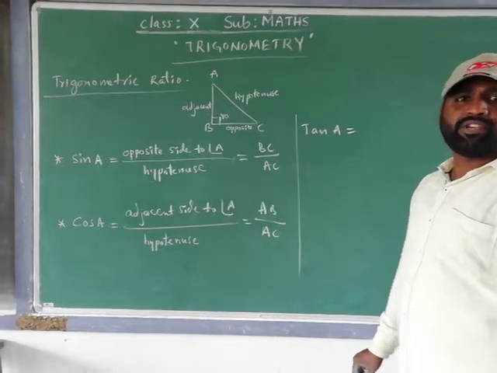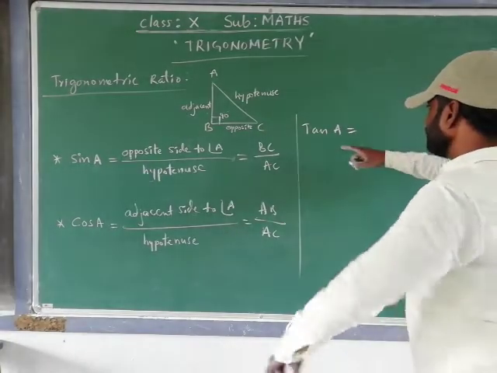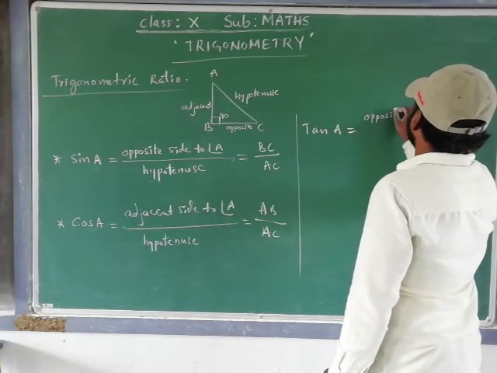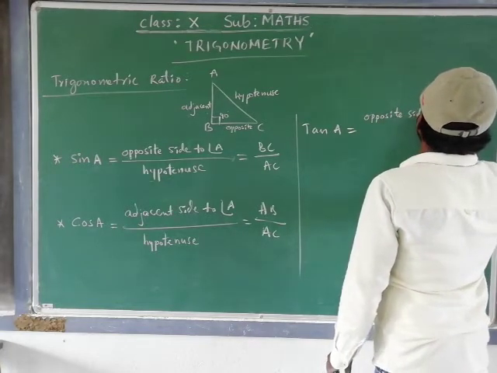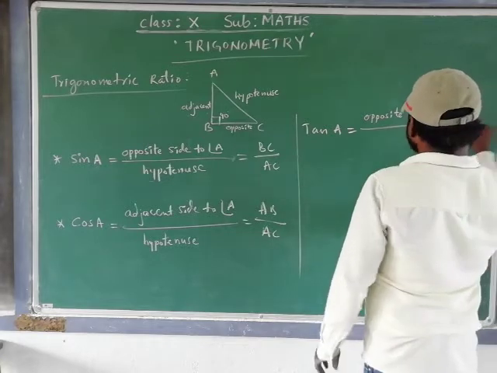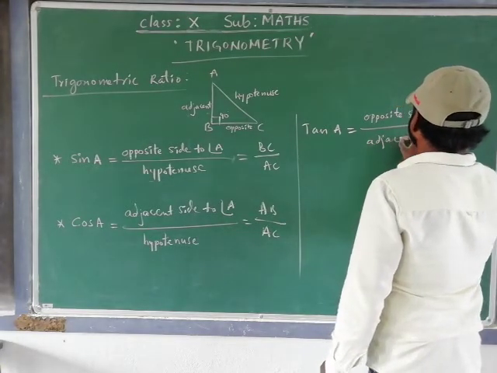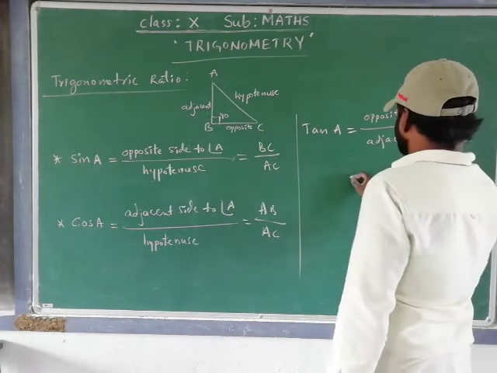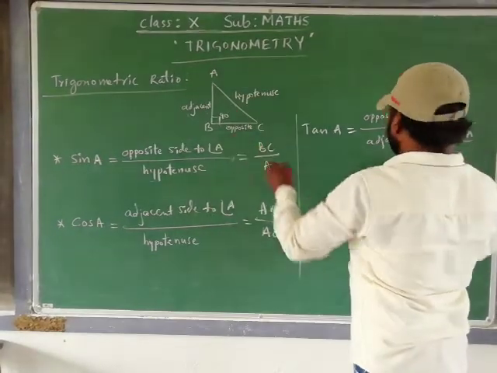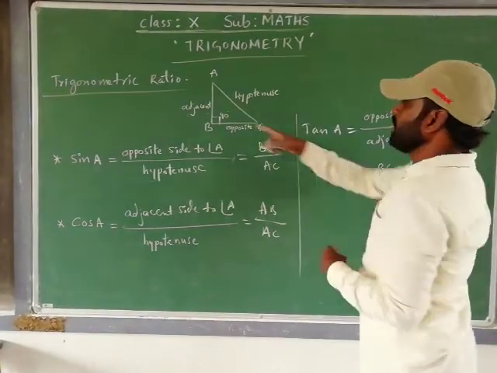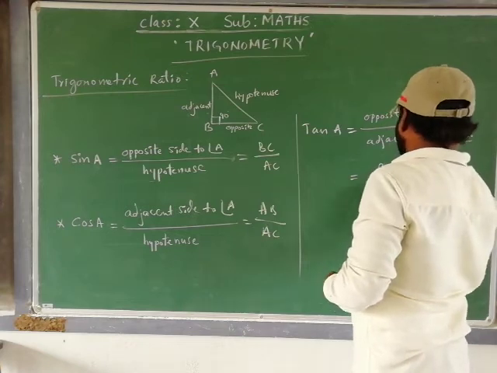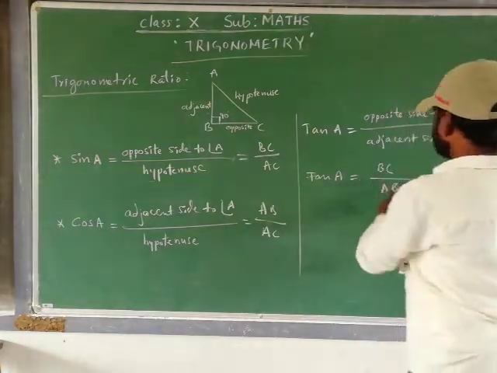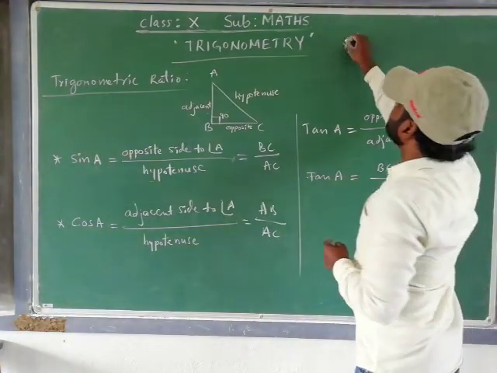But the direct formula for tan is the opposite side to angle A by the adjacent side to angle A. The opposite side to angle A is BC, and the adjacent side to angle A is AB. So tan A is BC by AB.